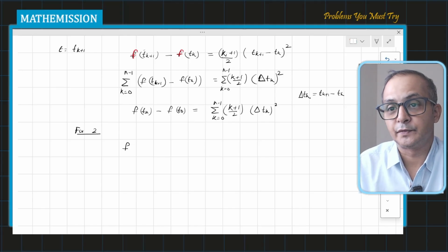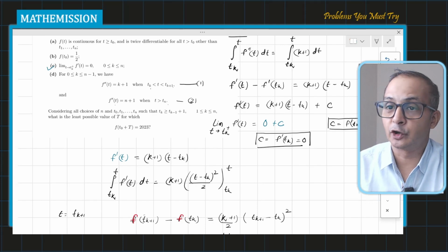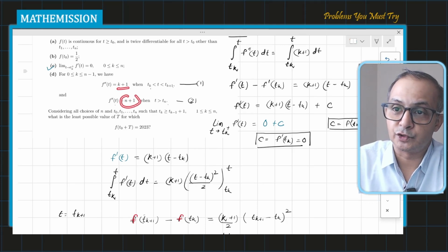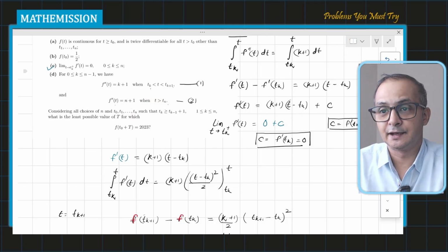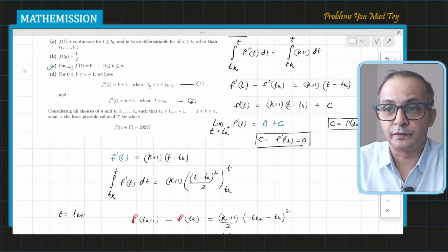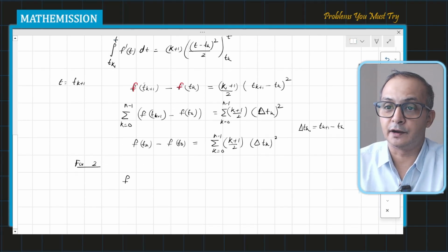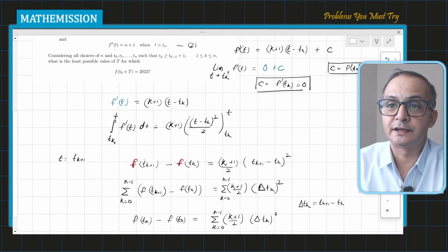You notice the idea is very simple, because it is analogous: here it is going to be n plus 1, there k plus 1. So if you do the similar process of integration twice, and go from tn to t, because till there we have got tn, now we have to go from tn to t.